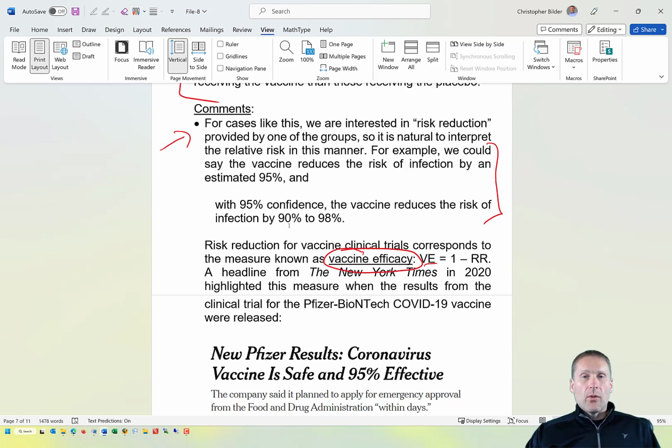During 2020 and also into 2021, many news media outlets were stating the vaccine efficacy for these various clinical trials that were concluding during those years as we were trying to look at ways to prevent infection from COVID-19.